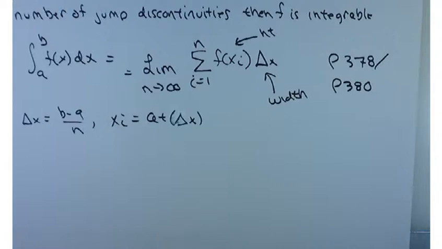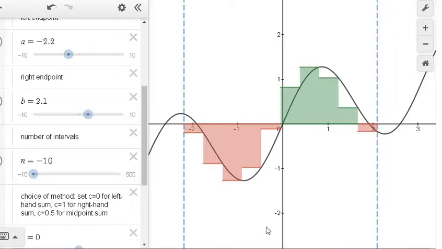Let me give you an illustration of what's going on here. You can see that we're trying to estimate the area between this curve and the x-axis. And right now, we're using a fair number of rectangles, maybe 10 or so.